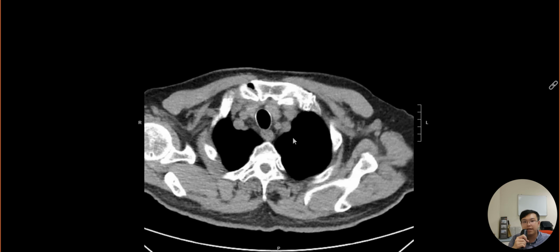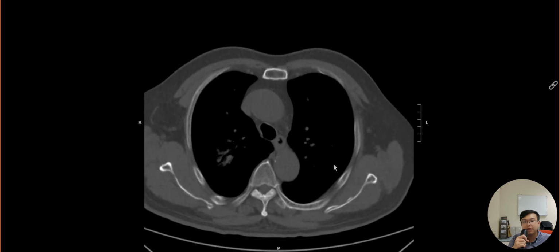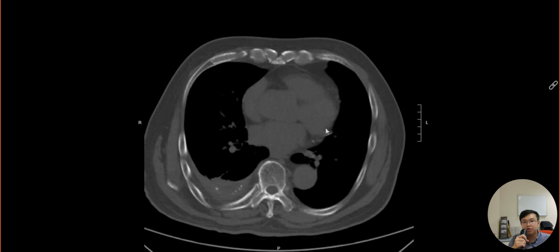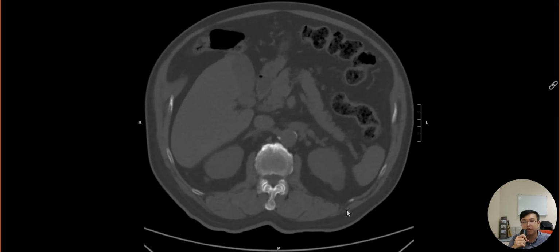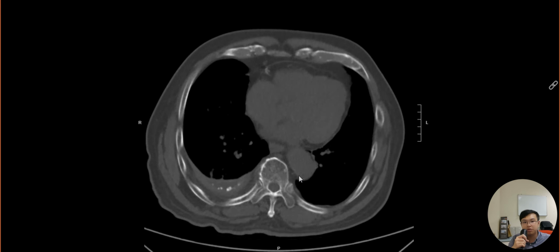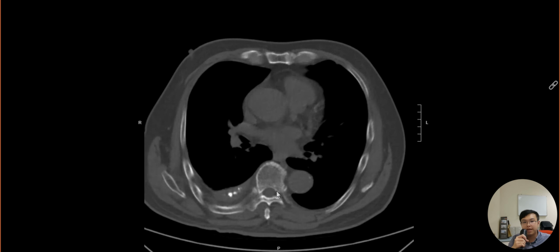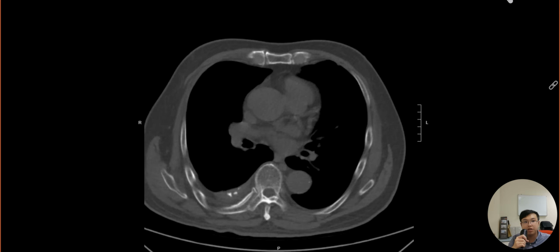So how about any bone metastasis? Of course, we can pay attention to individual bones one by one. But one tip I want to tell you is that we can pay special attention to the four position of the vertebra on the axial scan: the posterior aspect of the vertebral body, bilateral pedicles, as well as the posterior elements, that is the transverse process, lamina, and spinous process.